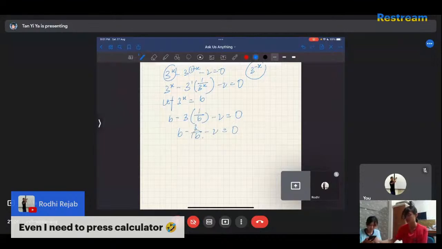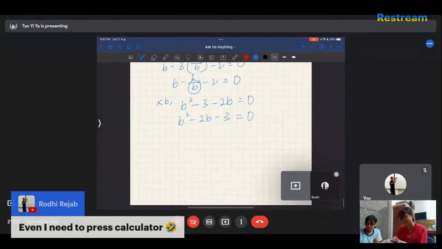So we have to cancel off the denominator, so we have to times b. B squared minus 3 minus 2b. Okay, press the calculator now.